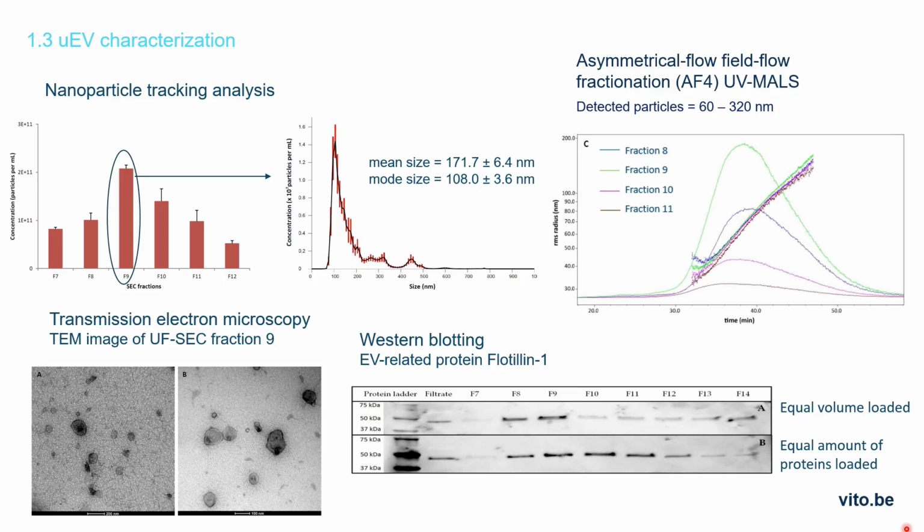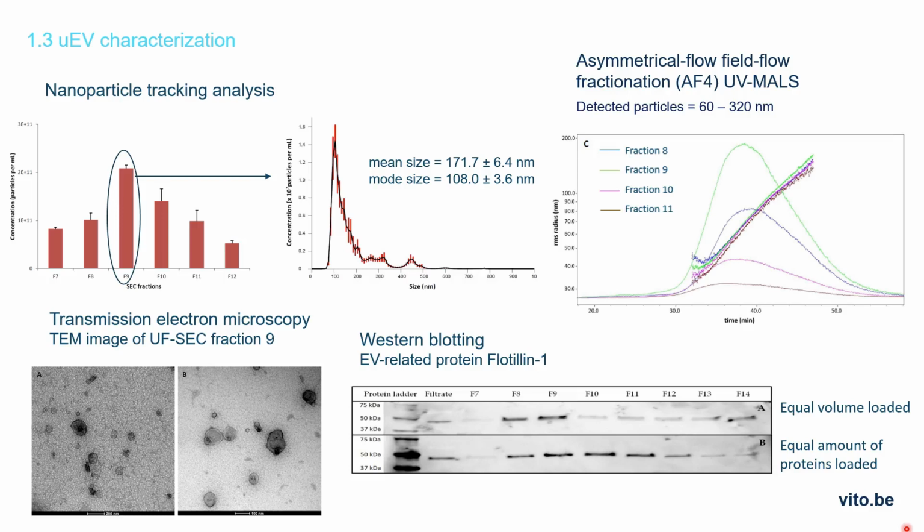The part about the characterization, I'm not going into detail. We heard about it a lot today: NTA, Western blotting, microscopy. Maybe one interesting technique to mention, because I don't think it has been mentioned today, is AF4, the asymmetrical flow field flow fractionation. It's a nice way to combine it with the NTA because it has a UV detector.